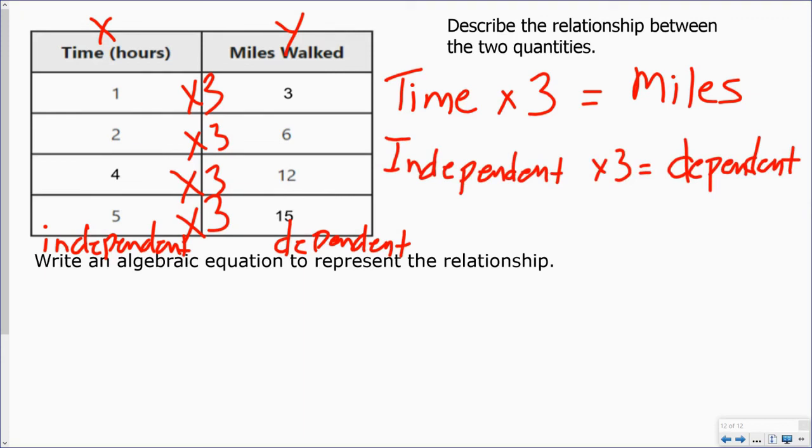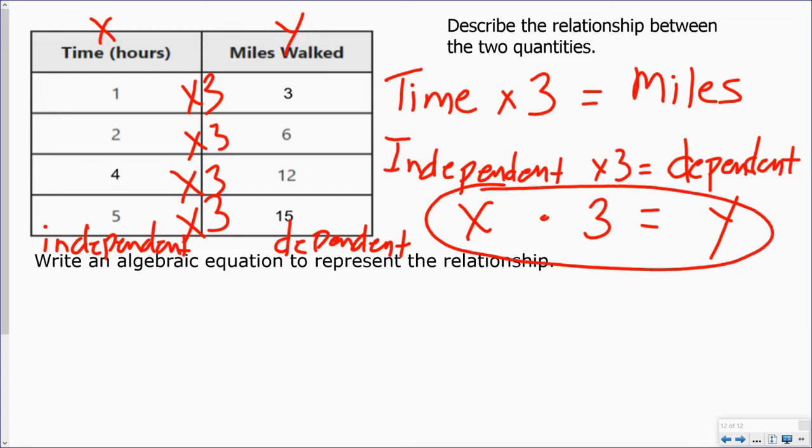Or in this case, by looking here, the x multiplied by 3 gives me my y. So now I'm going to write an algebraic expression to represent the relationship. I'm going to take this right here and I'm going to rewrite it. 3 multiplied by x equals y.